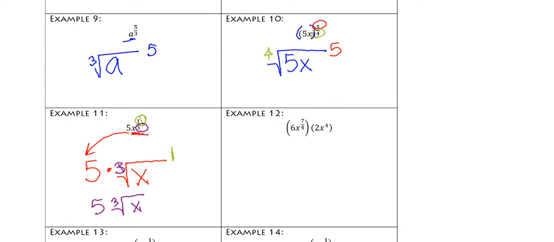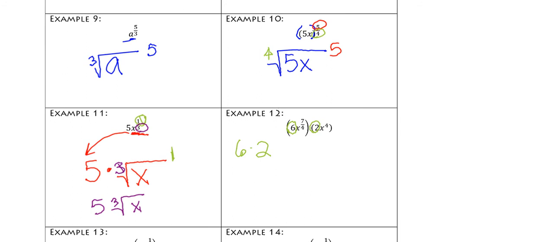For 12, lots of things going on. First of all, notice that this is all just multiplication. We have 6 times x to the 7/4 times 2 times x to the 4th. So the first thing I'm going to do is take the coefficients, 6 and 2, and pull those out front, because that's where we write them. So 6 times 2.